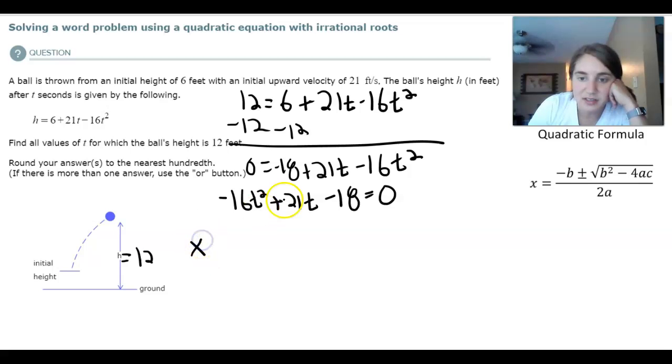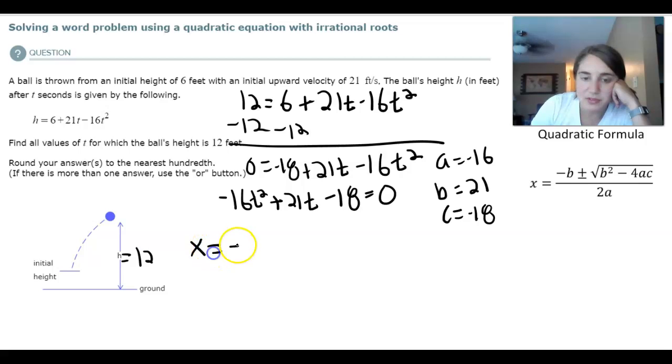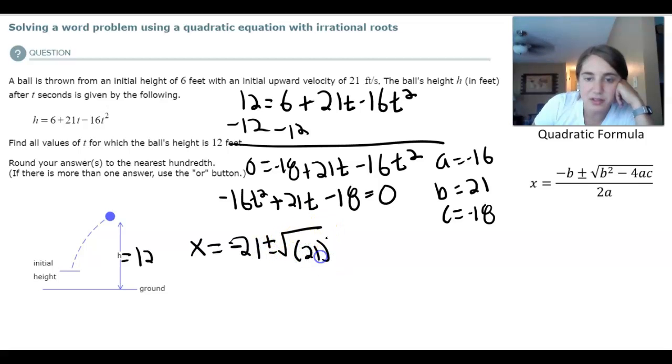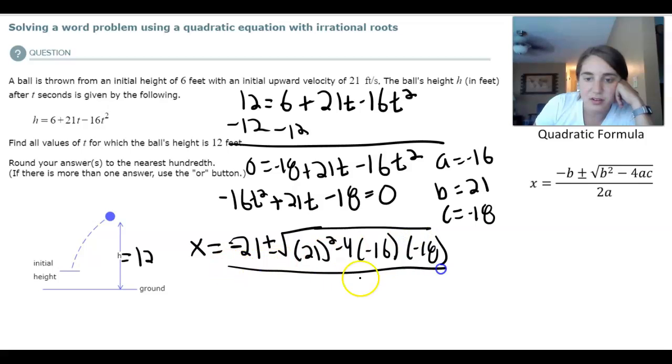So a equals negative 16, b equals 21, c equals negative 18, x equals negative b plus or minus the square root of b squared minus 4ac all over 2a.